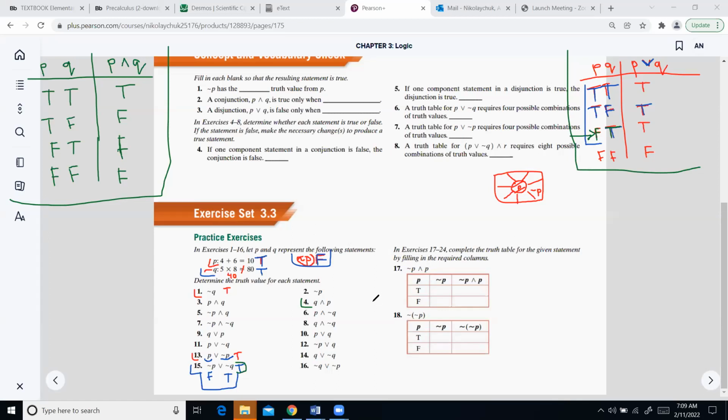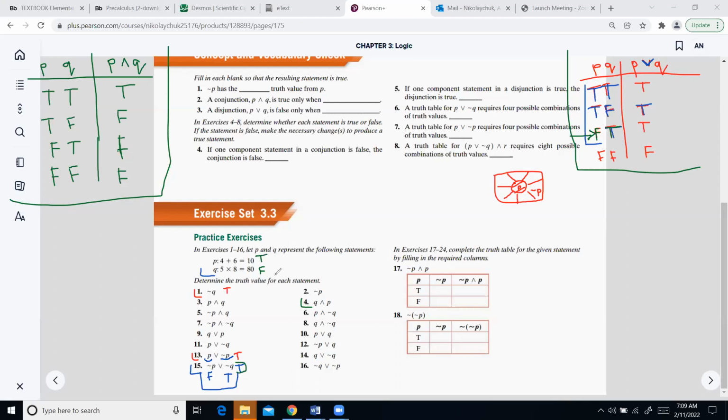So when I'm looking at exercise number 4, maybe I can clear this a little bit, because it talks about Q and P. Please notice that Q was false, right? Because 5 times 8 is not 80, but 40. And P was true, right?